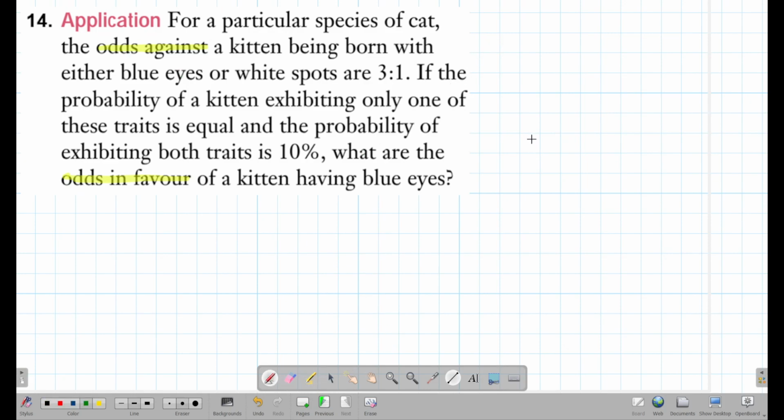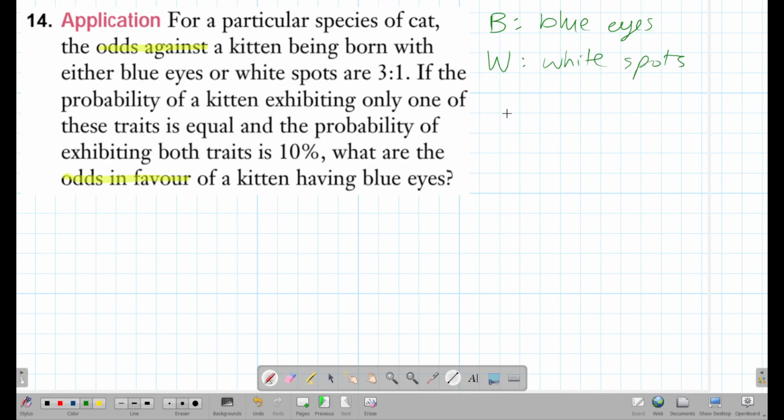I'm going to begin by defining some events. So I'm going to make B like having blue eyes, and I'm going to make W having white spots. So the question gives us a bunch of stuff.